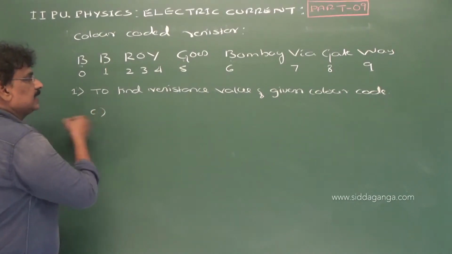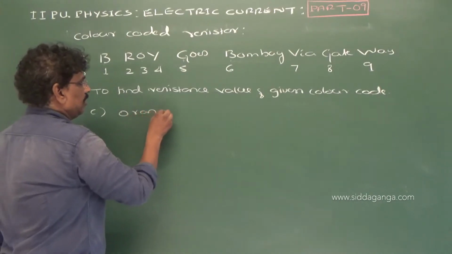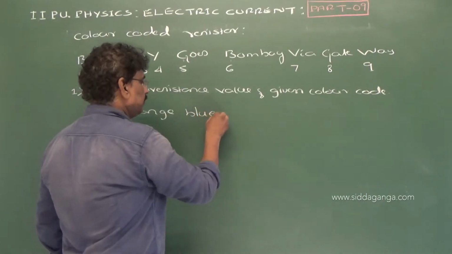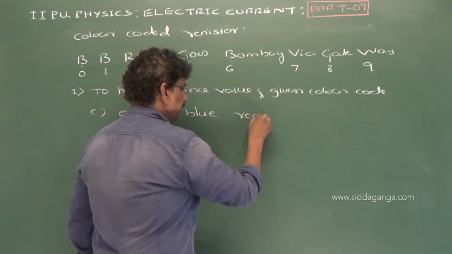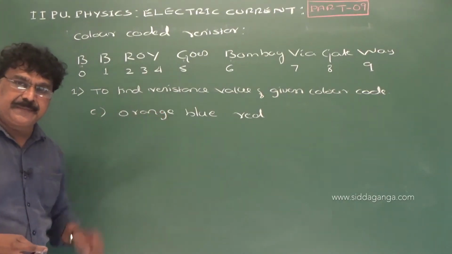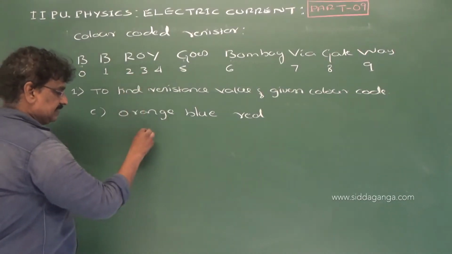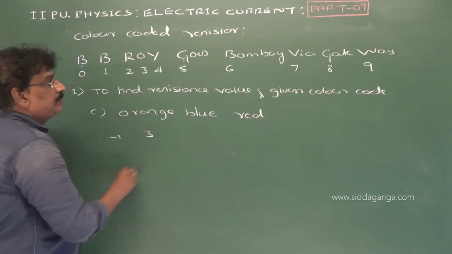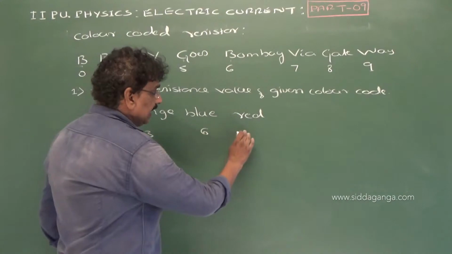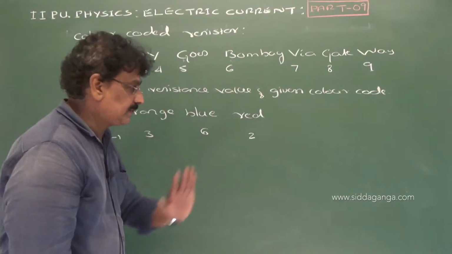Now see another one we take, that is orange, blue, red, right? Orange, blue, red. Here orange means 3, blue means 6, red means 2, that means 2 zeros, right?